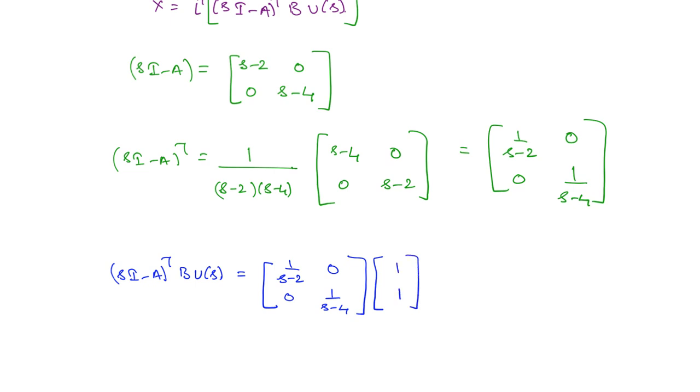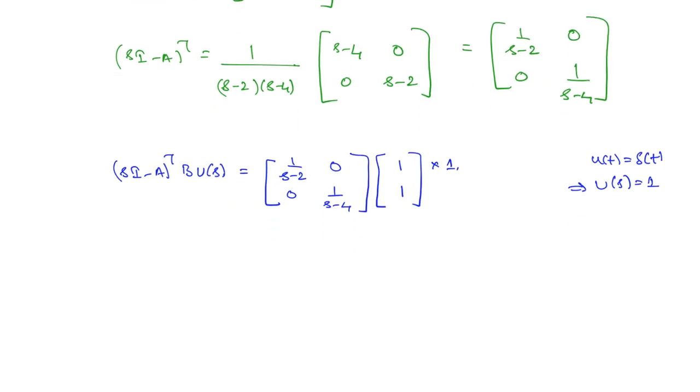And what is U(s)? If u(t) is the unit impulse function, then U(s) is simply equal to 1. So here you will multiply by 1. So what will this be? [1/(s-2); 1/(s-4)].